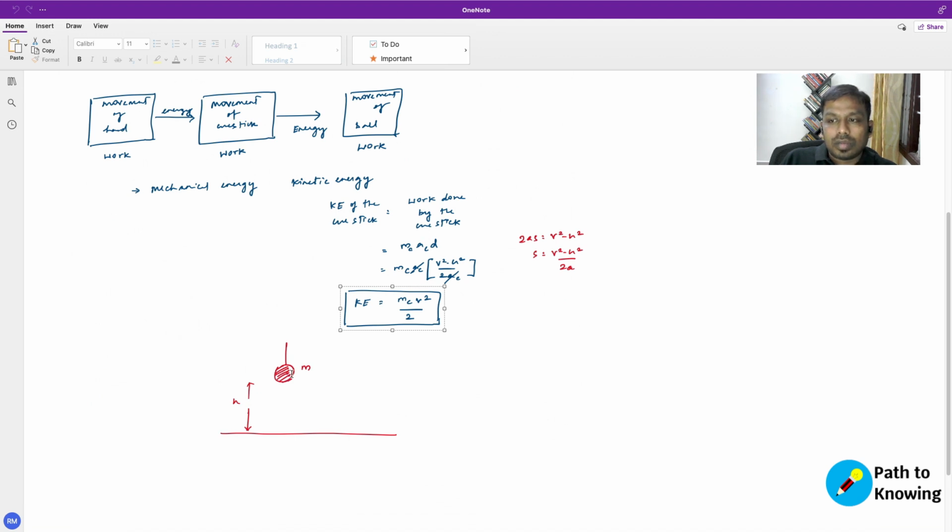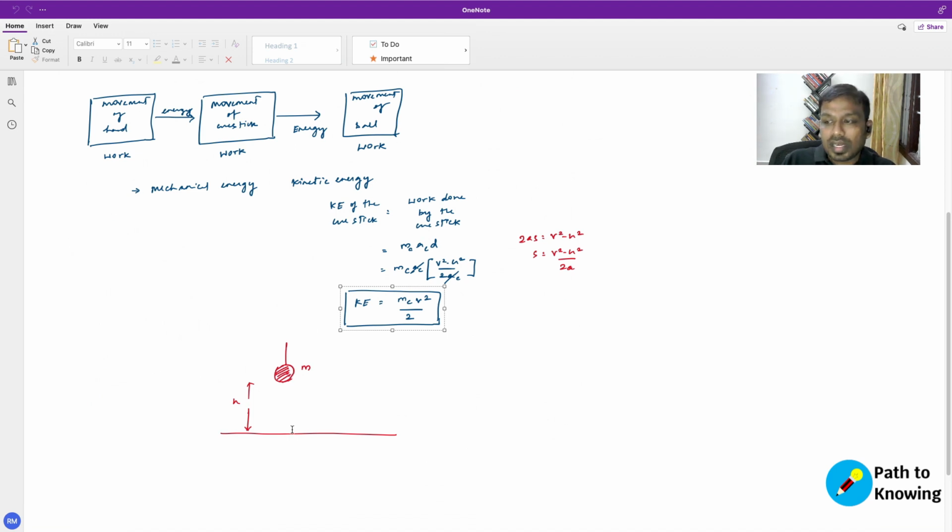Which means that although the object is at rest, it holds a capacity to do some work. This iron ball has the potential to do some work, although it is at rest. And that is because it is held at a height above the Earth, and the force of gravity has given this object certain potential to do some work, right?